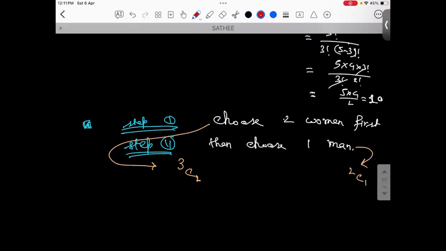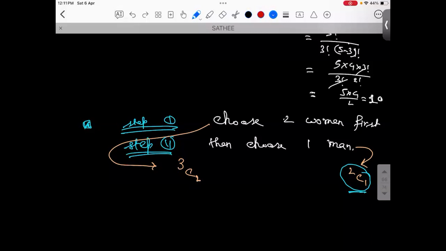Now just observe the relation. For each preferred choice of 2 women, you can get this many choices of men. So for one case, we get this many. For this many cases, how much will we get?